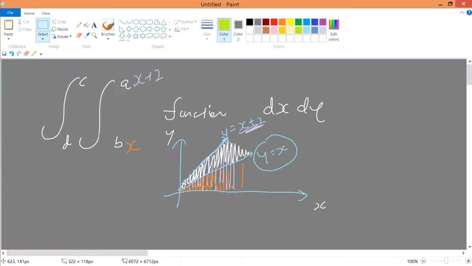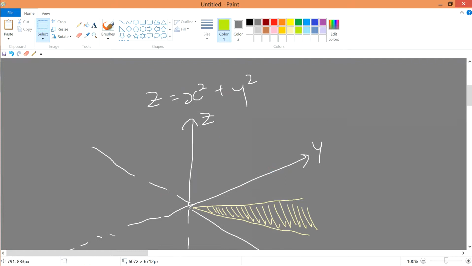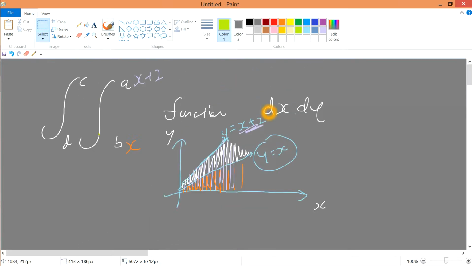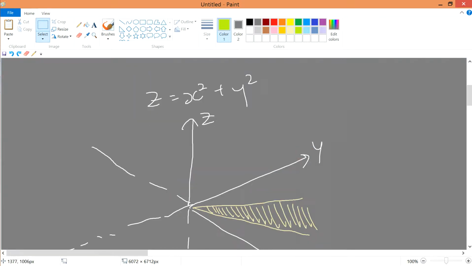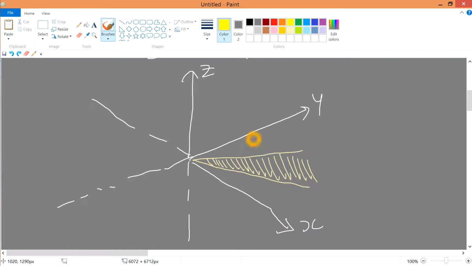What is the definition of this function? What is the meaning of this? If the function is x squared plus y squared, this means that, for example, you have x and z. So we're going to talk about the zx plane first.